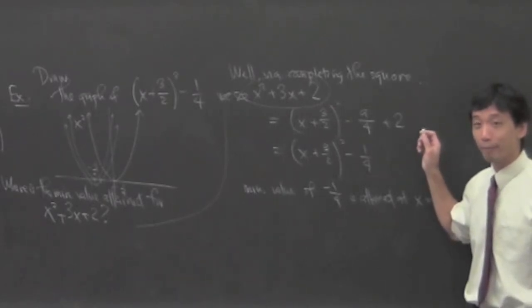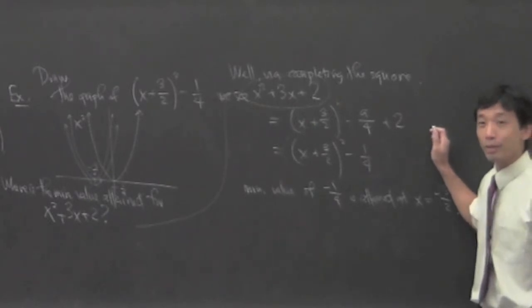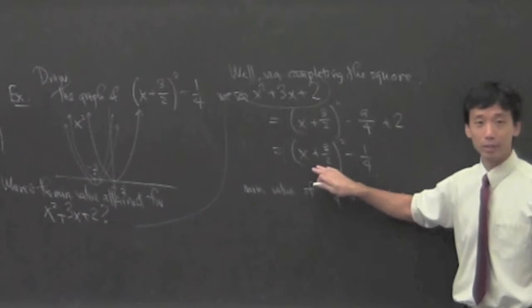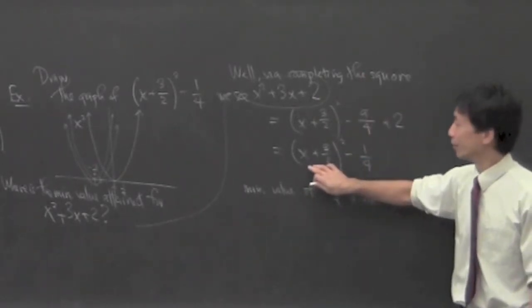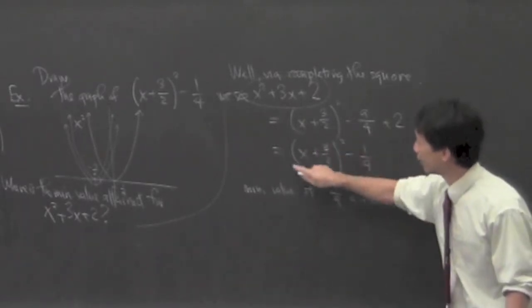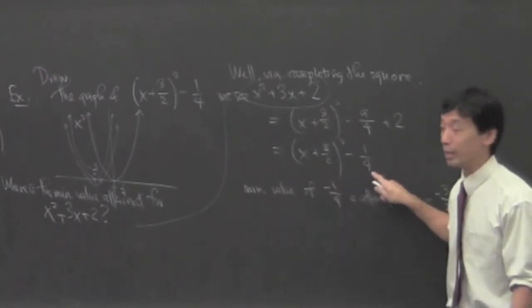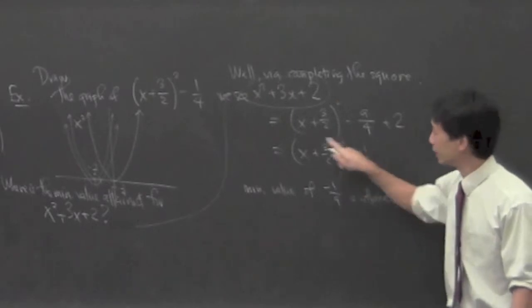If I put in a negative number and square it, you get a positive number, right? So this square is either 0 or above. So where could this thing be smallest? This thing is going to be smallest when this thing is 0, right?